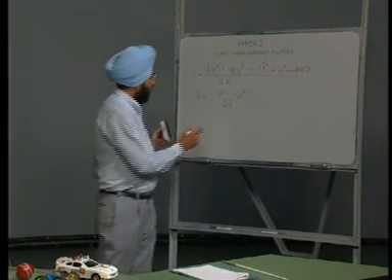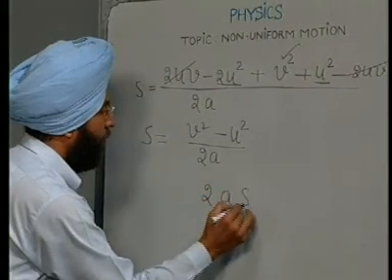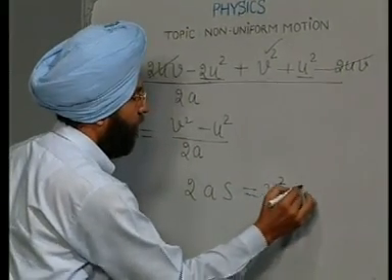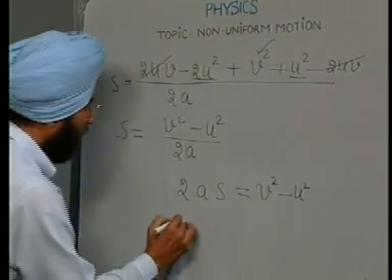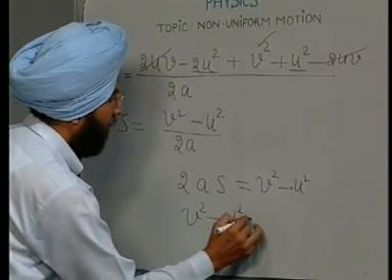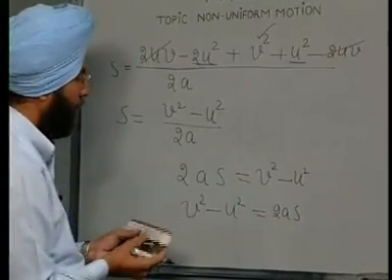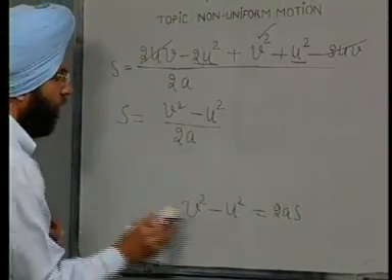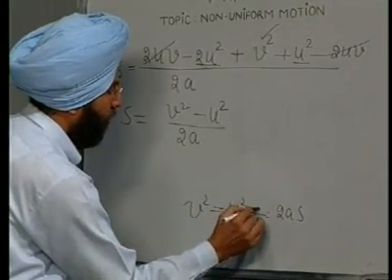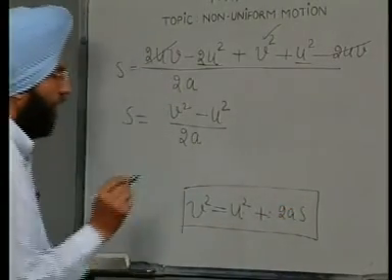So, if we transpose, we can write this as 2 a s is equal to v square minus u square, or we can write this as v square minus u square is equal to 2 a s, or we can write this as v square is equal to u square plus 2 a s.